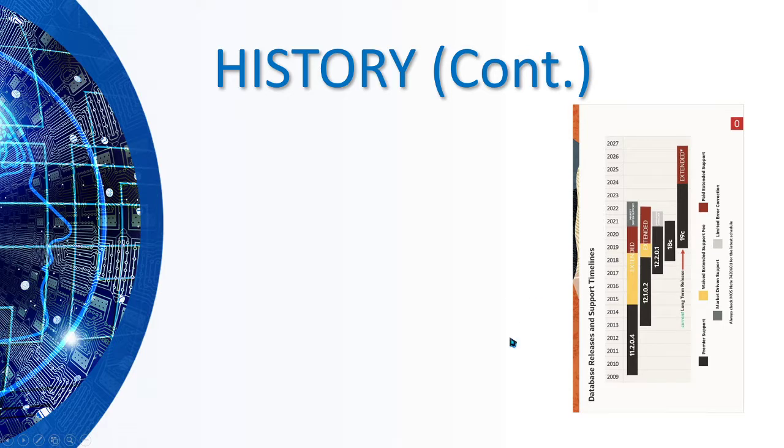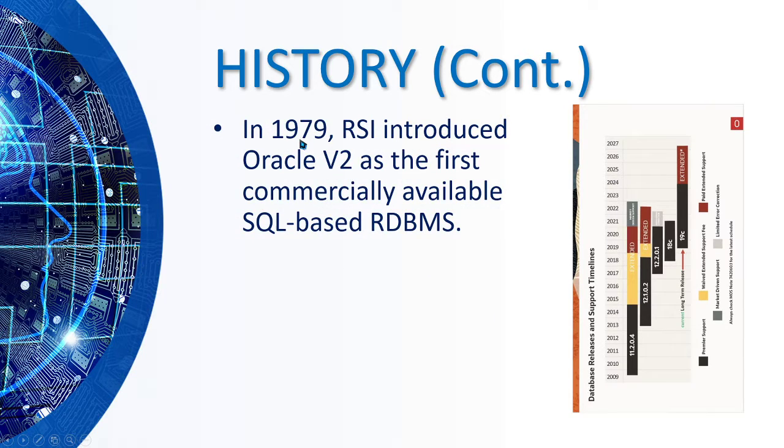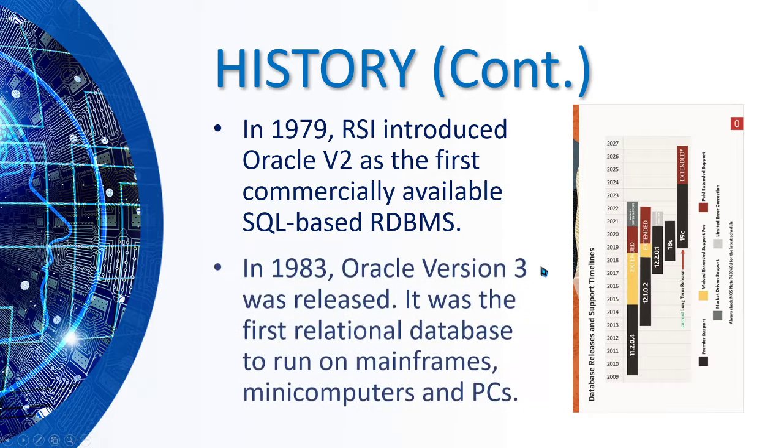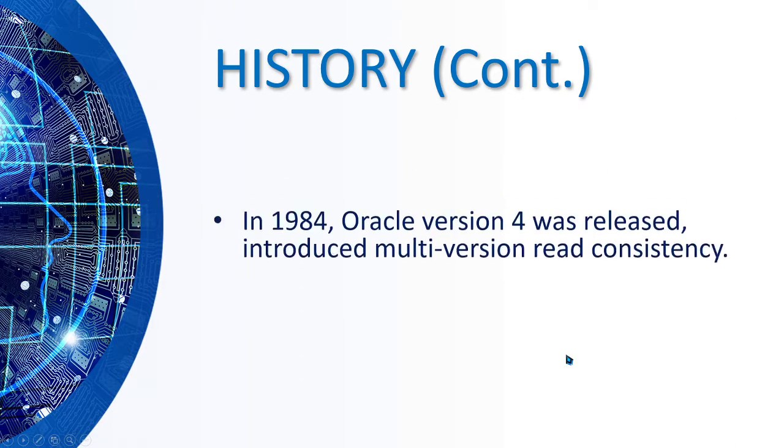The history of the development for this database system. In 1979, Oracle version 2 was the first commercially available SQL-based DBMS. In 1983, version 3 was released, and it was the first relational database to run on mainframes, minicomputers, and PCs.